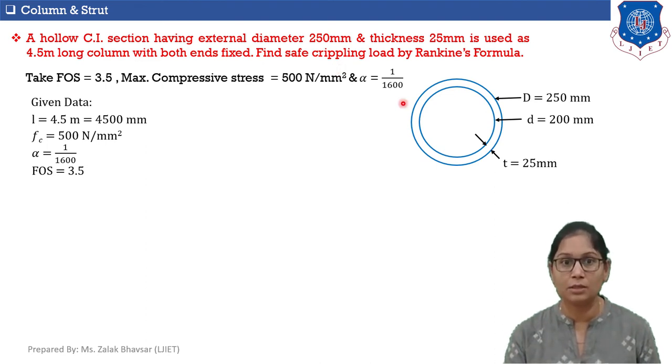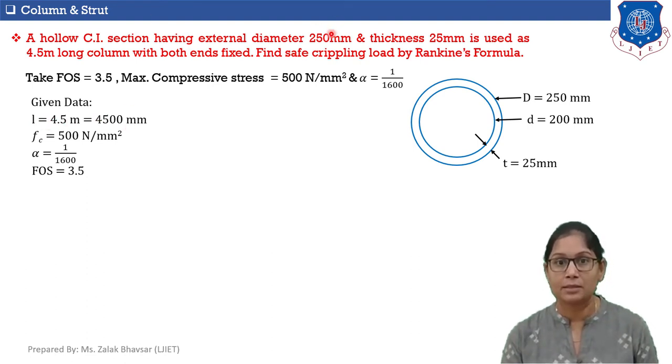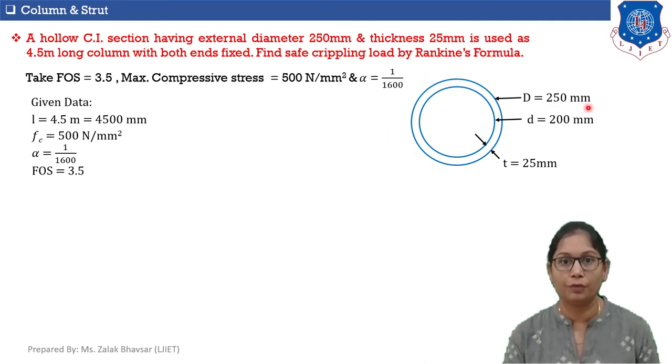The length of this column is 4.5 meter, so I can say that the length of this column is 4500 mm. Now, the external diameter of this hollow circular section is 250 mm, and as the thickness of this section is 25 mm, the internal diameter will be 200 mm.